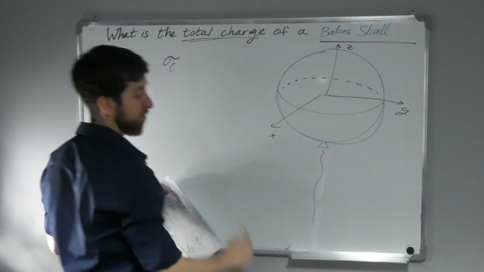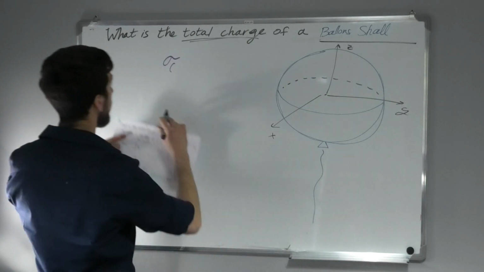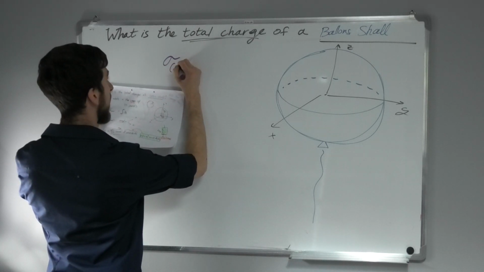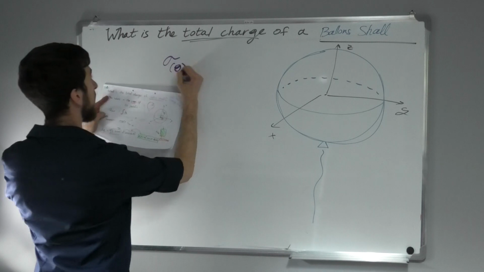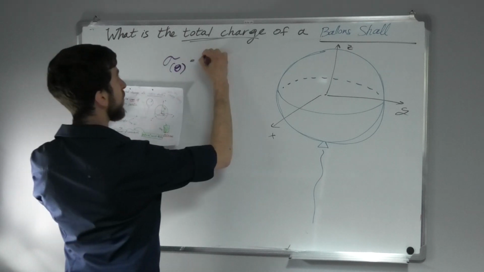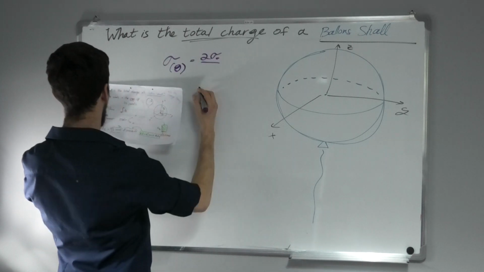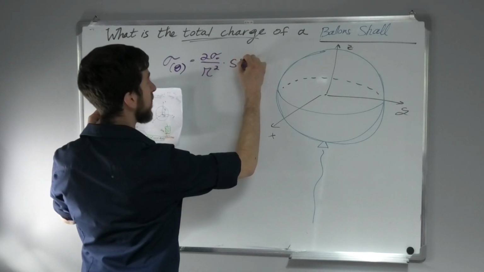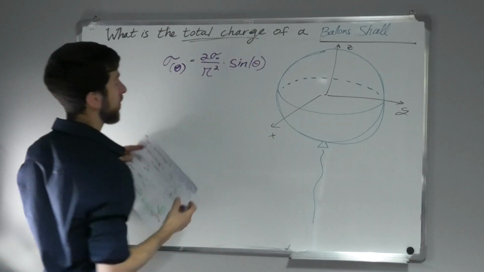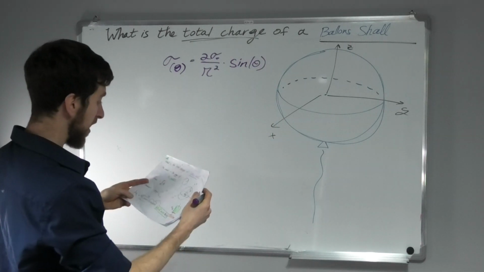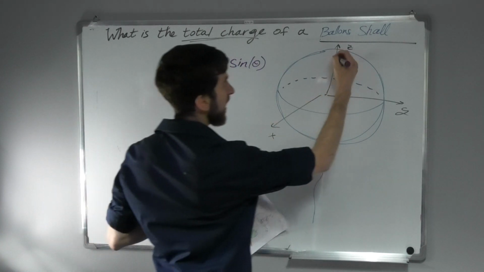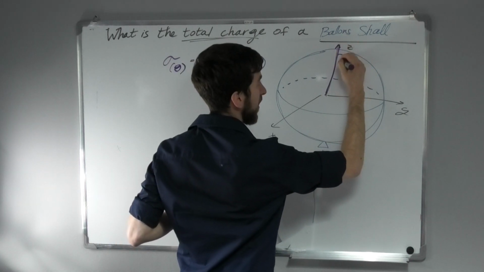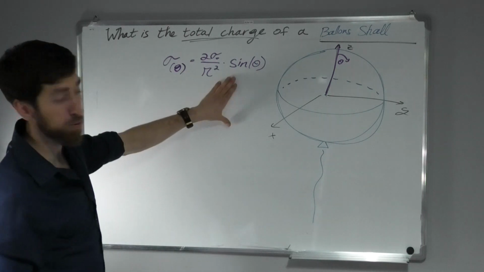The shell of the balloon is sigma of theta, this time theta, not r, equal to 2 sigma naught over pi squared multiplied by sine theta. Okay? And what is theta? Theta is the angle. They give us the angle from here. This is theta. That's what it means.